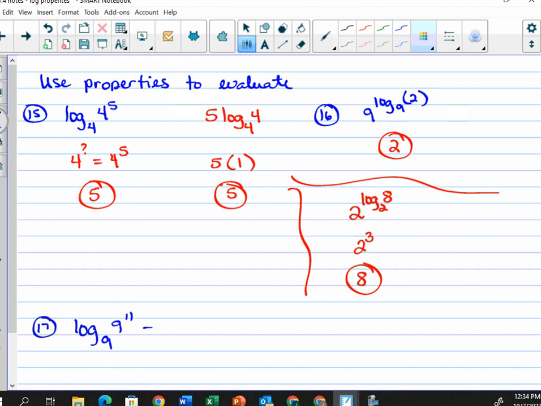So for 2 to the log base 2 of 8, how do you get 2 to the 3rd? What is log base 2 of 8? What is that log if you evaluated it? 2 to what power is 8? 3.